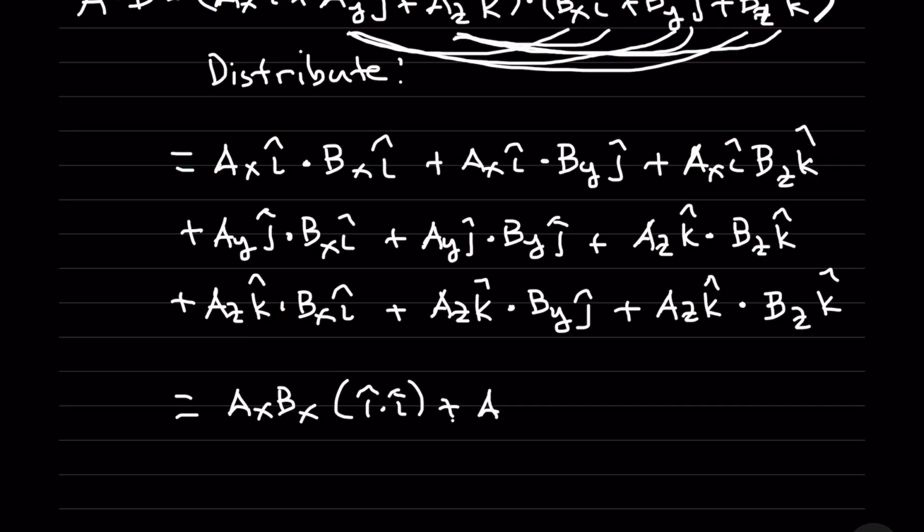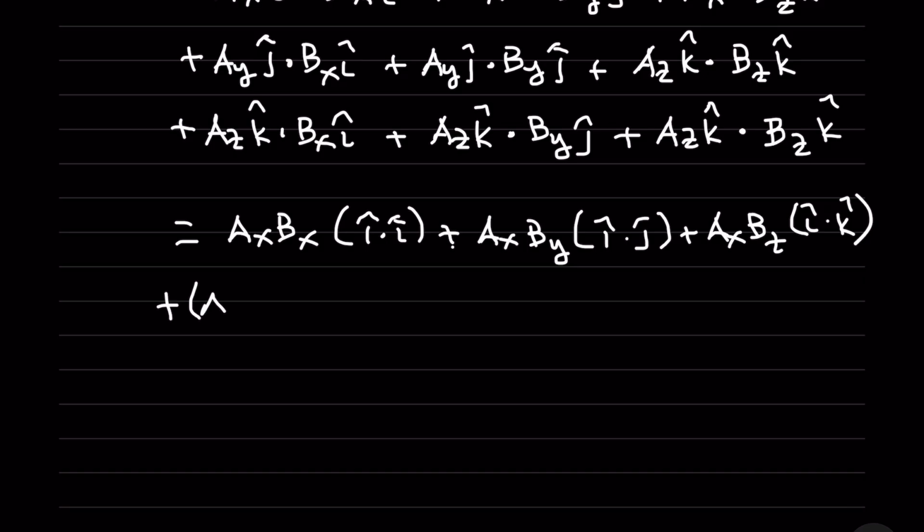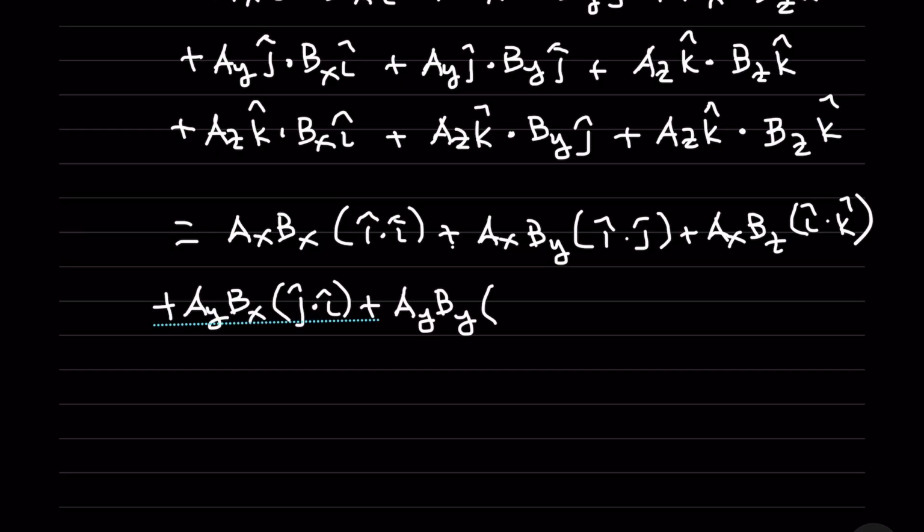You see that the first term, a_x i hat dotted with b_x i hat, can be written as a_x b_x times the dot product of i hat with itself, and you already know that that is equal to 1. For other terms, you see that there are dot products of unlike unit vectors, and you know already that the dot product of unlike unit vectors is equal to 0. So some terms here will be cancelled.